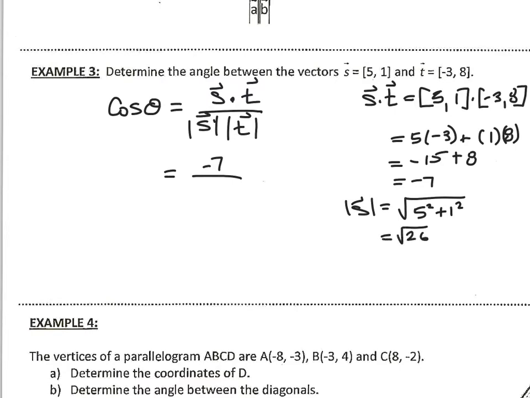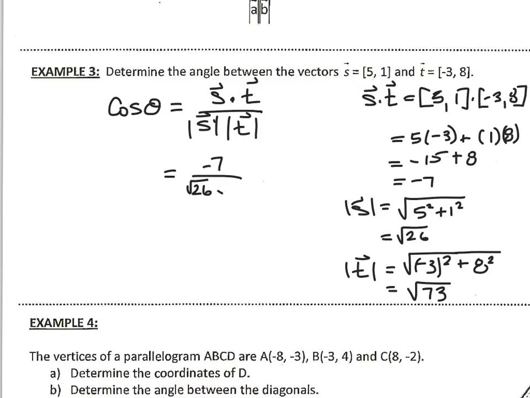And the magnitude of t is equal to the square root of (-3) squared, just put the bracket first, plus 8 squared, which then gives us the square root of 73. So we found those, and we can put these all in.